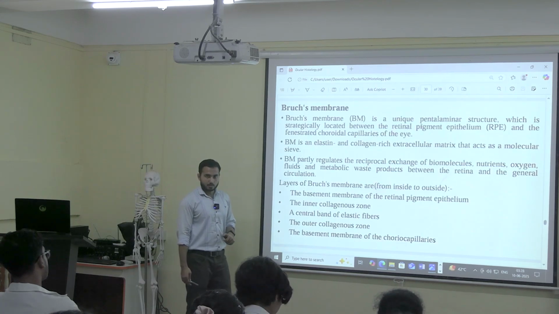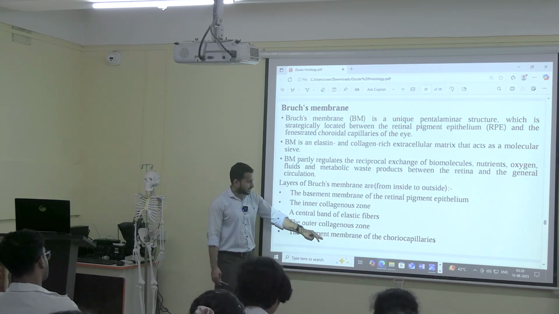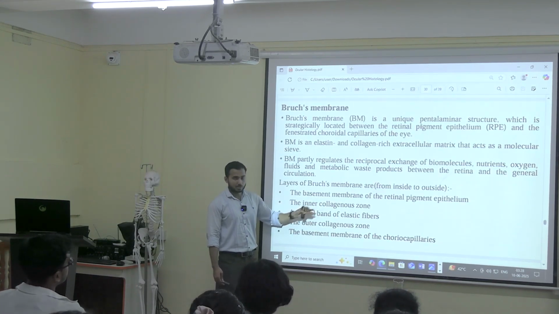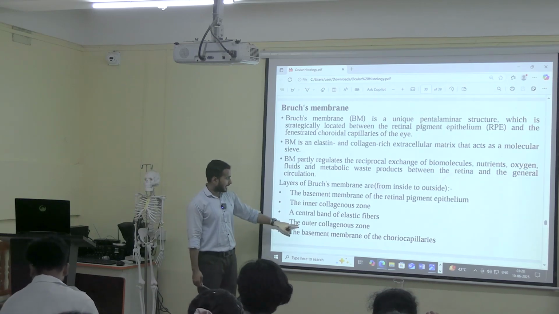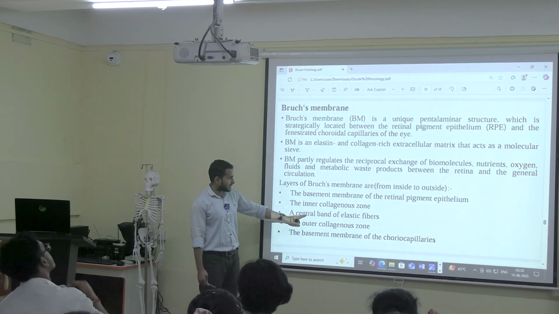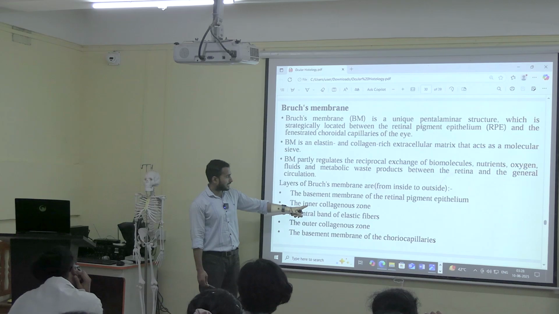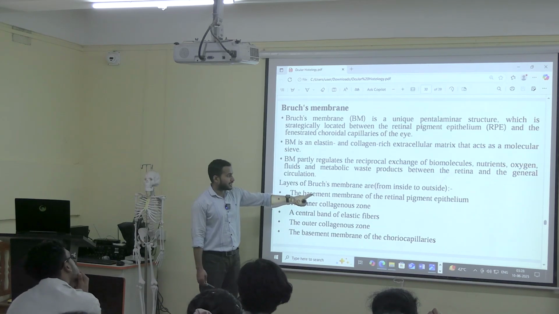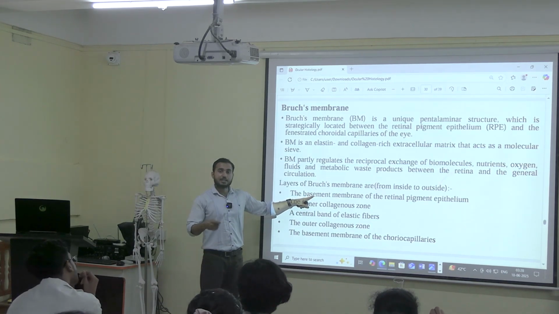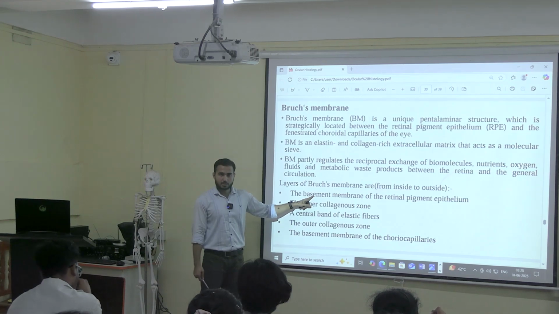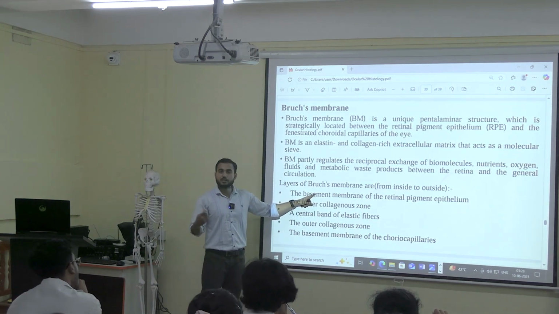From here the blood vessels are present, so from here the transport will take place. Then this basement membrane is for the retinal pigment epithelium, which is the part of the retina.